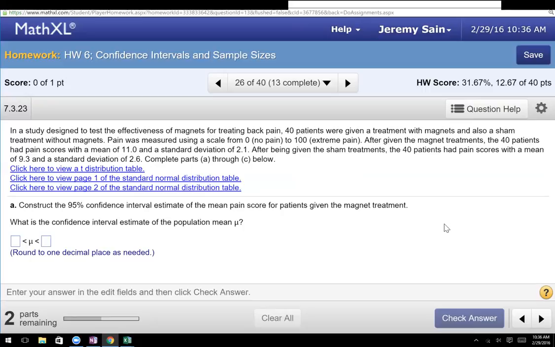Okay, the first question is, are we going to use T or Z? So in that flow chart, what's the first question we always ask? Yeah, is n at least 30? Is n at least 30? Yes, so what can we do? Yeah, we're going to use Z, all right?